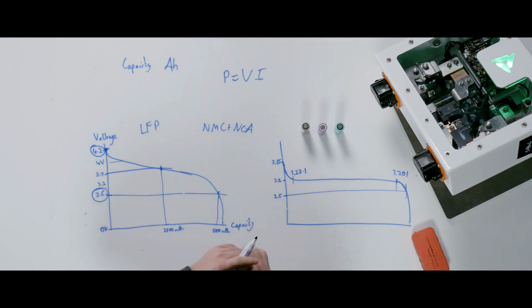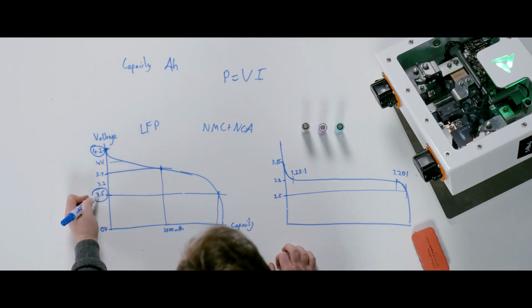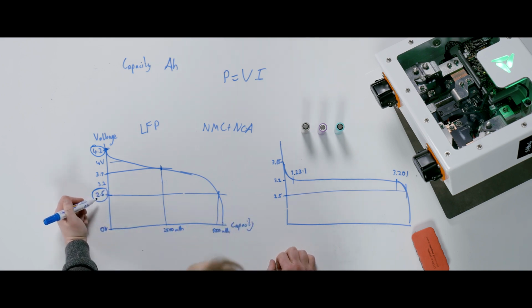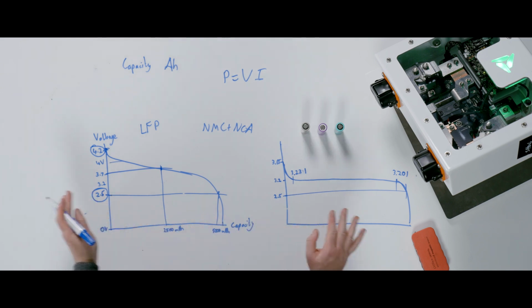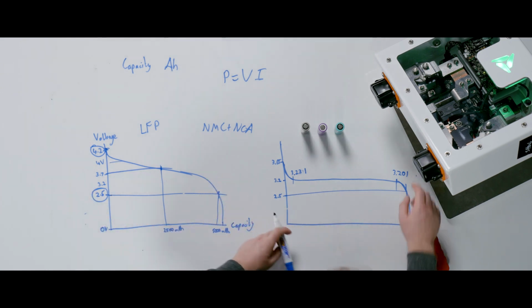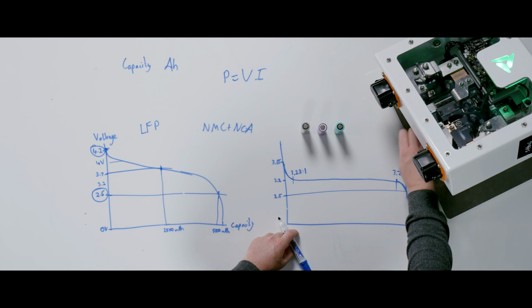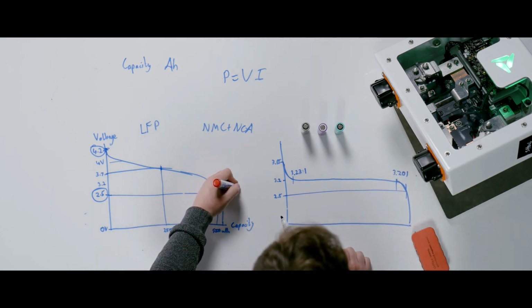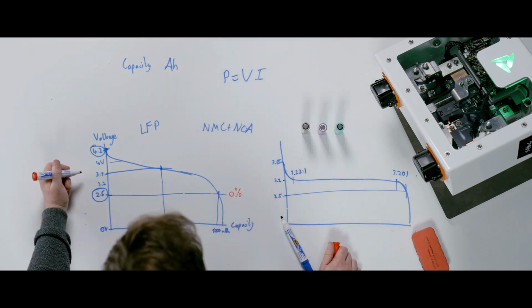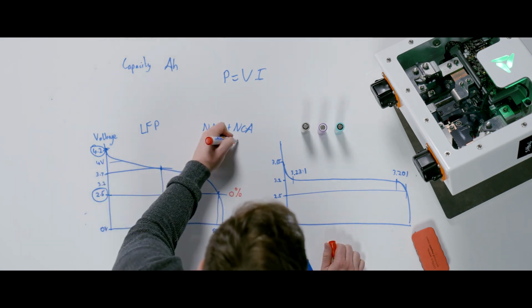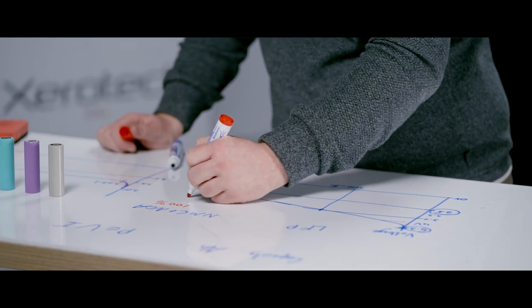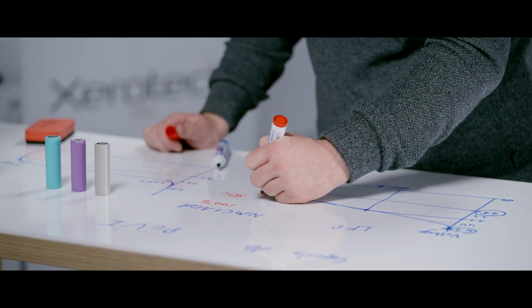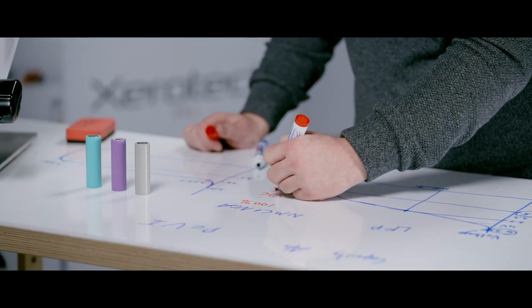These are incredibly important. If a battery cell voltage drops below 2.5 volts, it is empty, it is zero. So the gauges that you have on your phone, on your car, or wherever it might be, this is 0% SOC, state of charge.